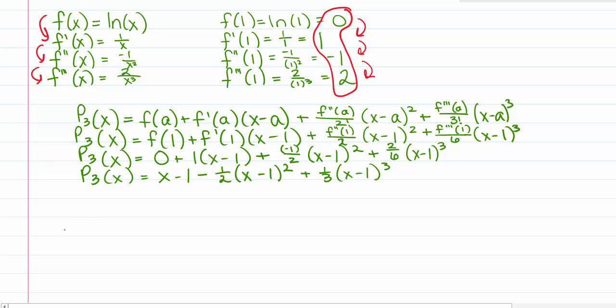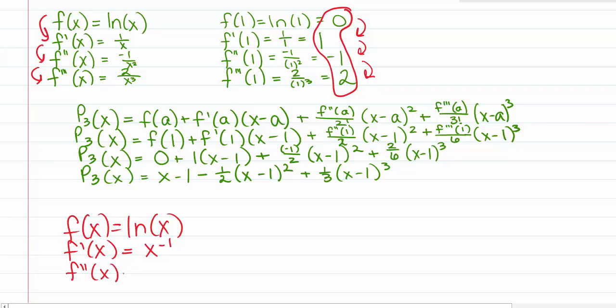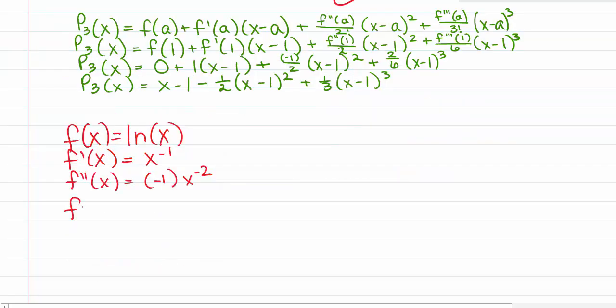So let's start by taking derivatives, and let's see if we can do it without simplifying. Let's write f of x equals natural log of x, then f prime of x equals x to the negative 1, f double prime of x equals negative 1 x to the negative 2, f triple prime of x equals negative 1 times negative 2 times x to the negative 3.